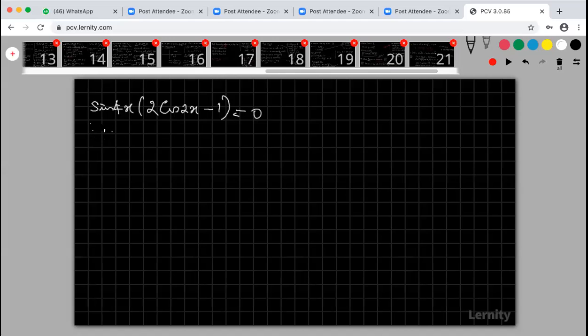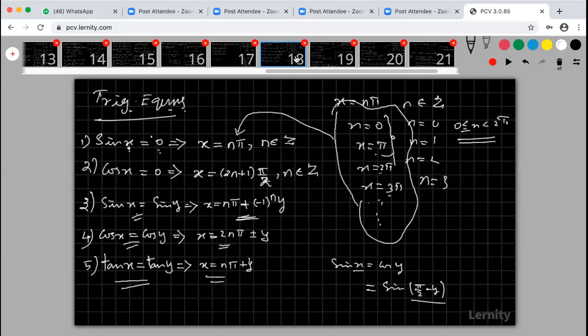Yeah. Sin 4x. Look at that, the multiplication of these two is equal to 0. What is that meaning? Either sin 4x is 0 or 2 cos 2x minus 1 equal to 0.